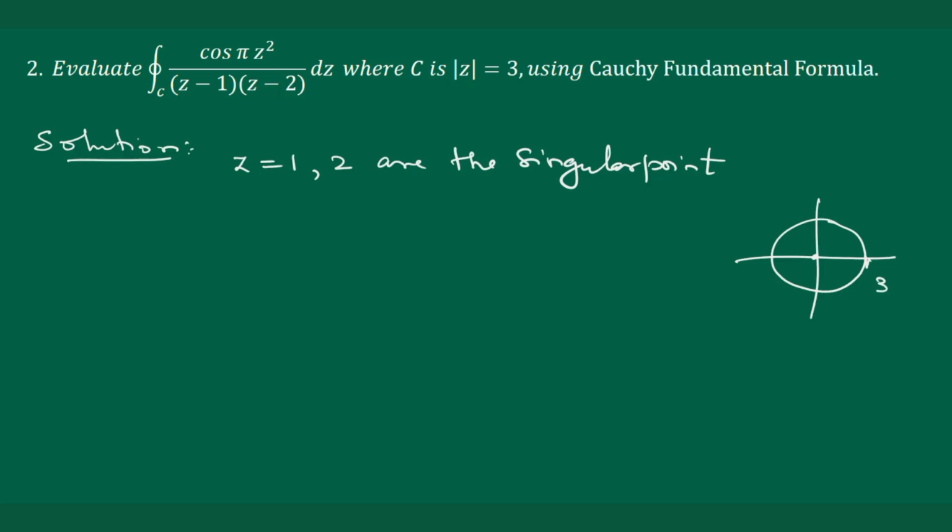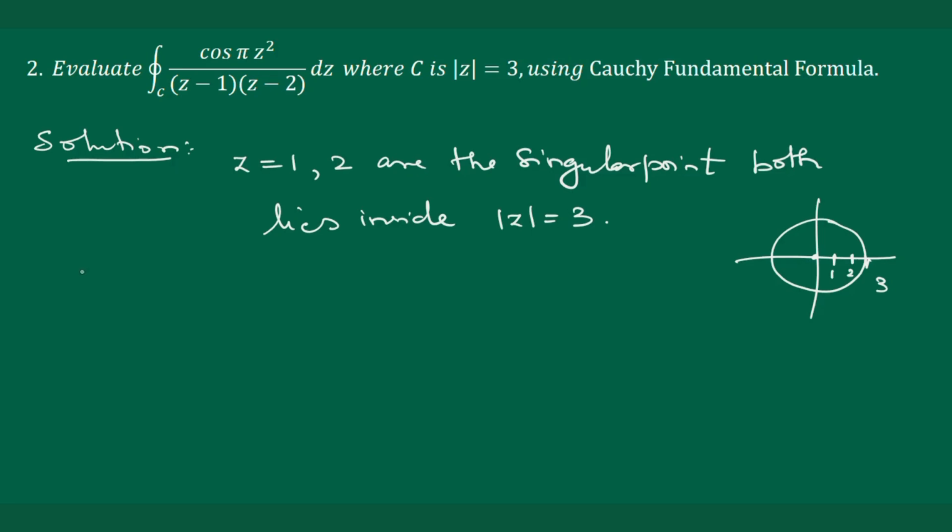Since radius is 3, 1 and 2 both lie inside the closed curve C. So we can say that z equal to 1 and 2, the singular points, both lie inside modulus of z equal to 3. So since both lie inside the curve C, we have to use Cauchy fundamental formula, that is the second theorem.